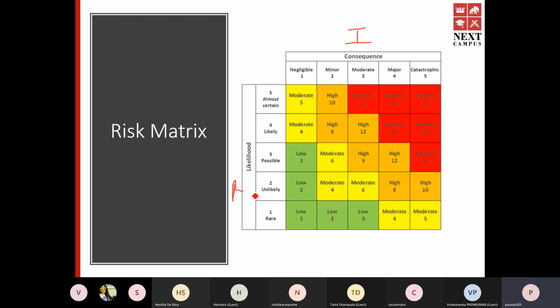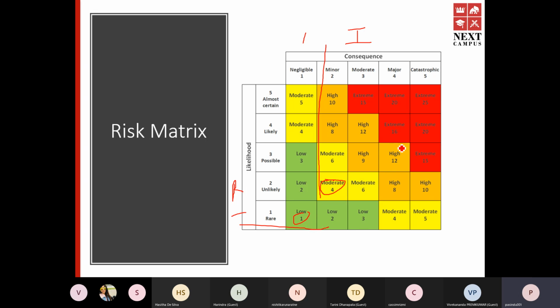Probability times impact: if the impact is 1 and the probability of that happening is 1, 1 times 1 is 1. If the probability is 2 and impact is 2, then your exposure is 4, right?